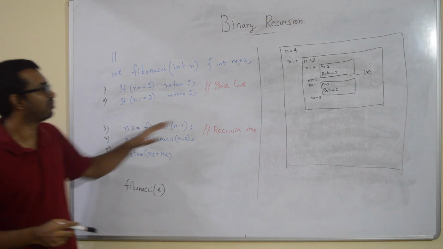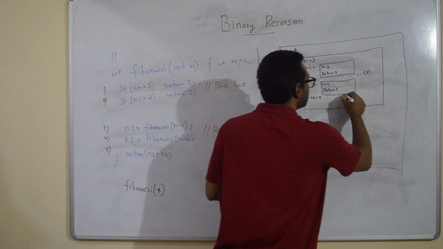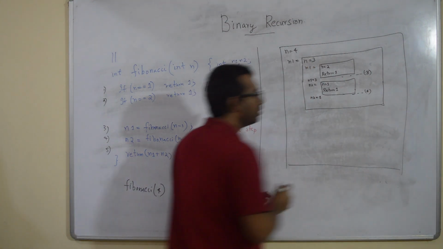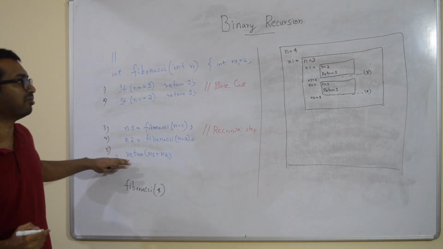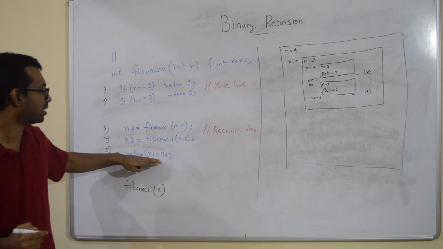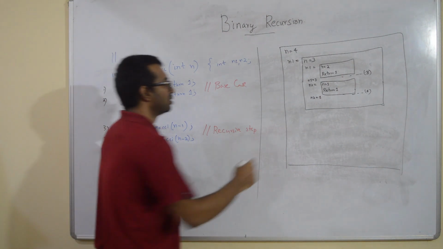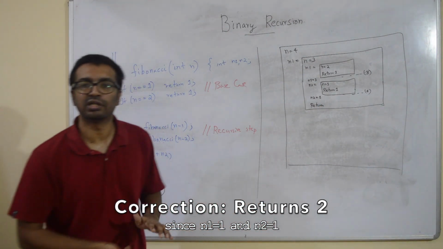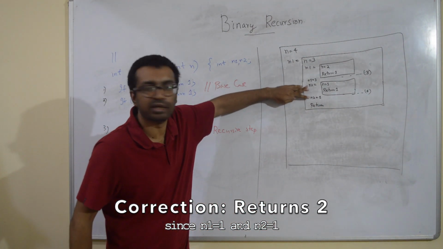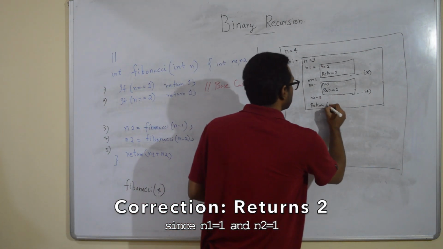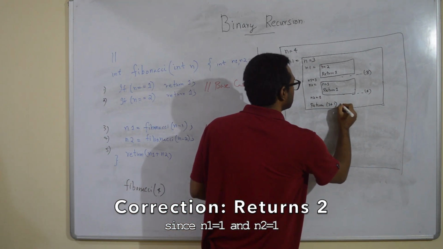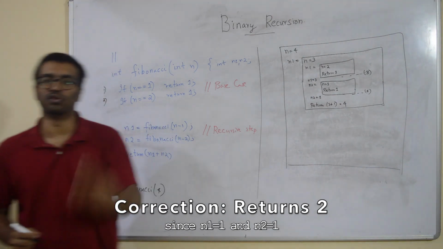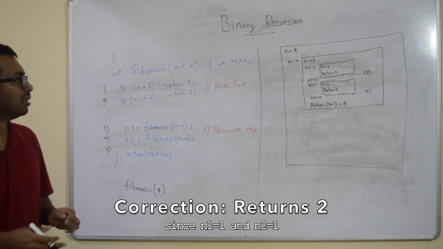Now, line number 4 is also finished. We come to line number 5 of that block, and line number 5 is return n1 plus n2. What is n1 and n2? n1 is 3, n2 is 1. So it returns 4, right?